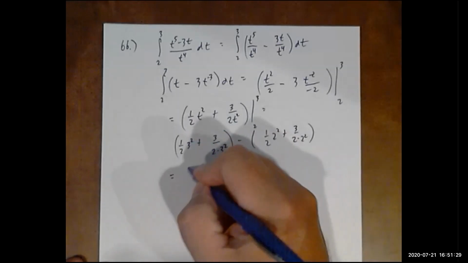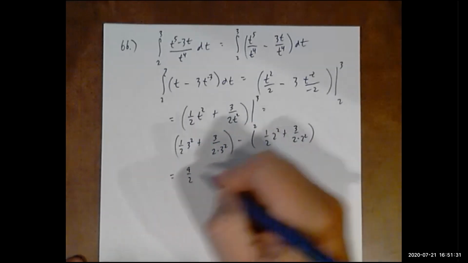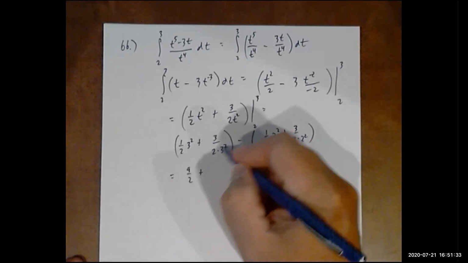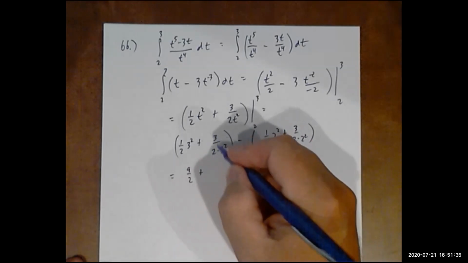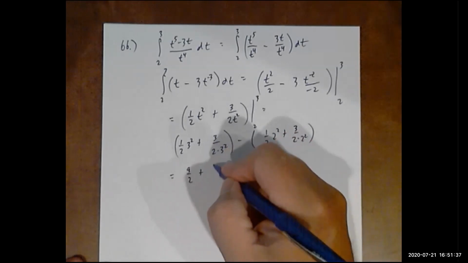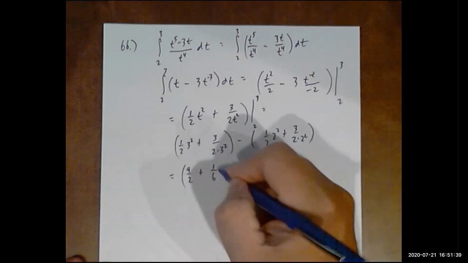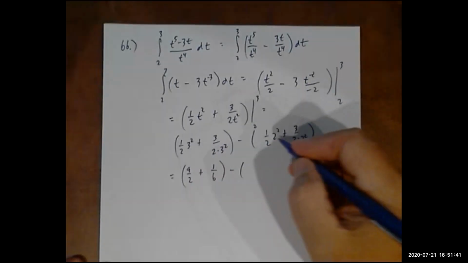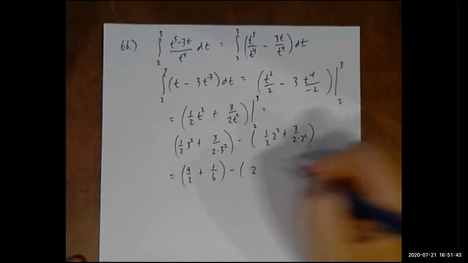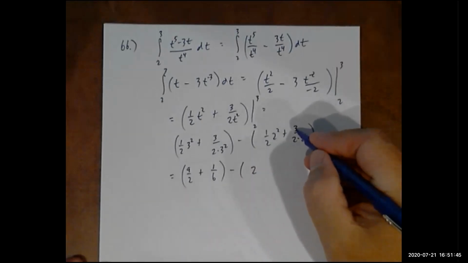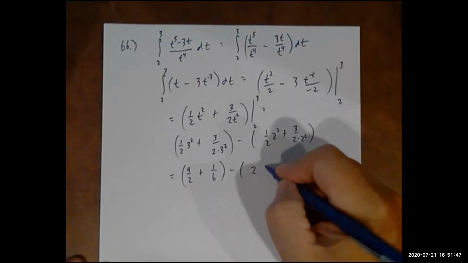Nine over 2. This is 18. 3 over 18, which is actually 1/6. 4 over 2, which is 2. 3 over 8.